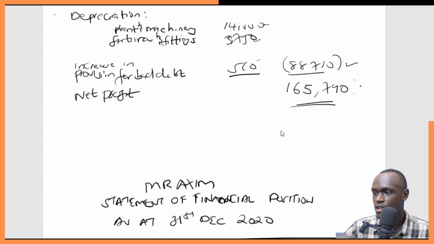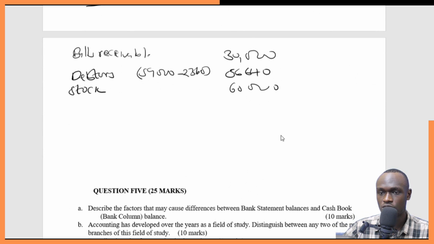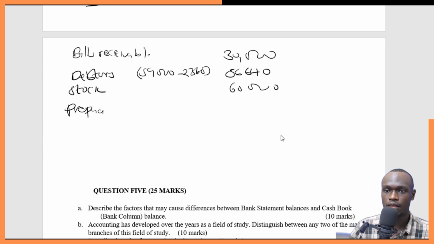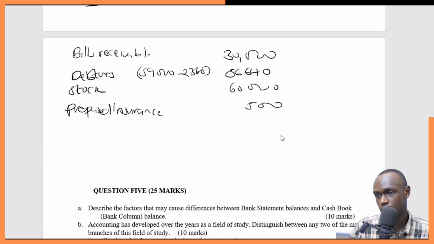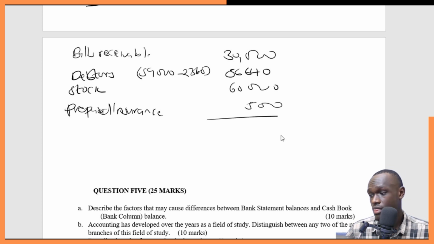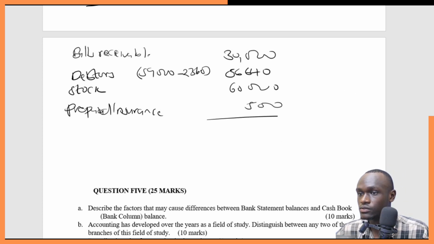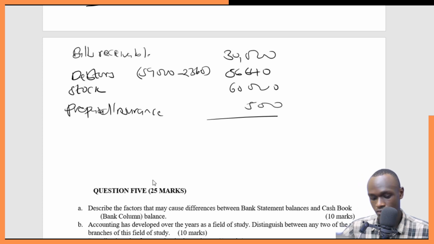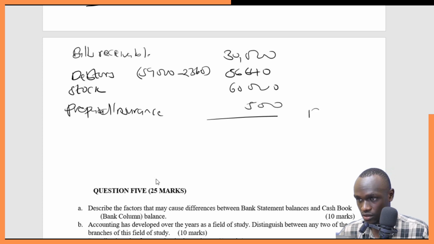Prepayments are treated as current assets, so we add prepaid insurance, which is 500. We get the total: 30,000 plus 56,640 plus 60,000 plus 500 will arrive at 147,140.